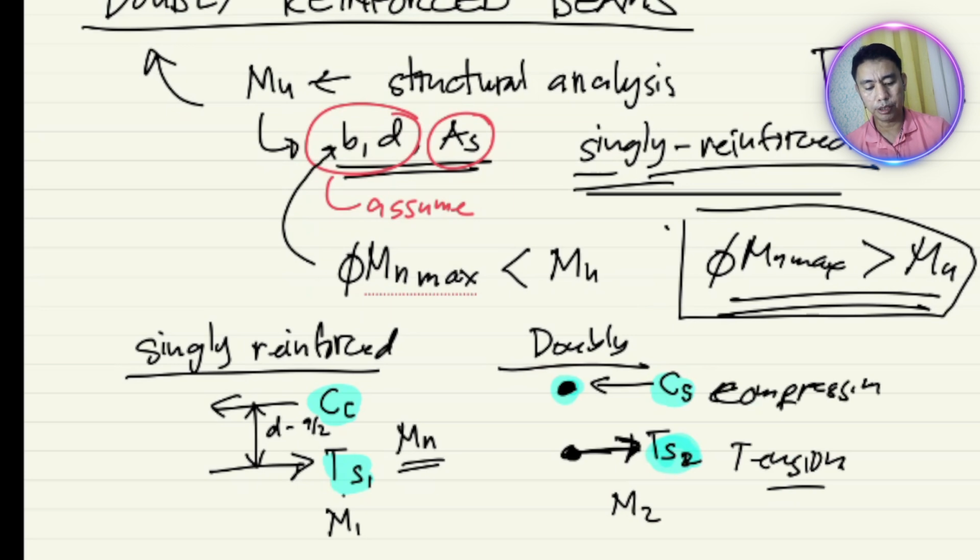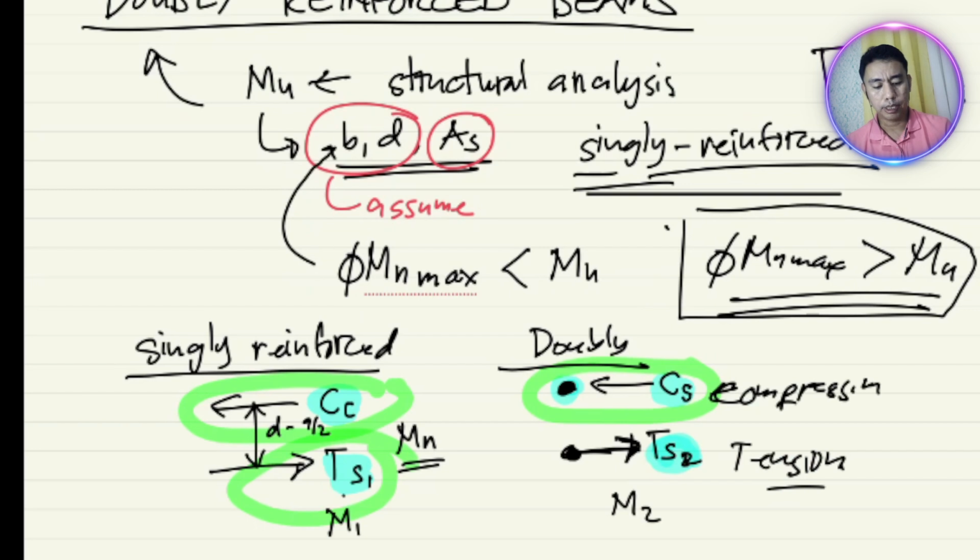Okay? So yung compression lang natin, if you notice here, mayroon tayong compression due to concrete. Okay? Mayroon din tayong compression due to steel. Okay? Sa baba, tension 1 at saka tension 2.